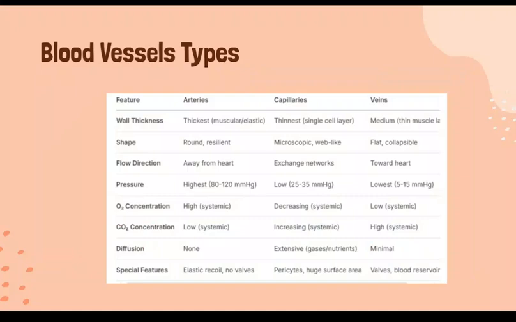So now I also want to talk about the different blood vessel types that carry different blood. So usually we have blood around our body. Wall thickness is one big thing that we use to classify these. First we want to talk about the thickest, which is arteries.